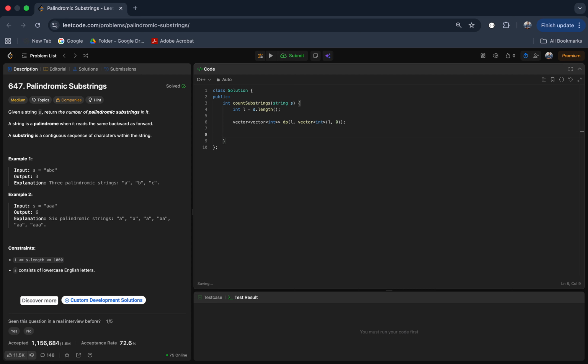Then we will go in the gap method, like we will be having two for loops, which will go i equals 0, i less than l, i plus plus. Then we'll be having j equals i, j less than l, and j plus plus.